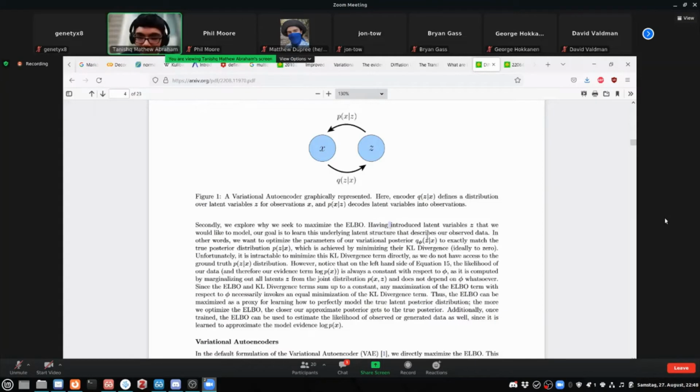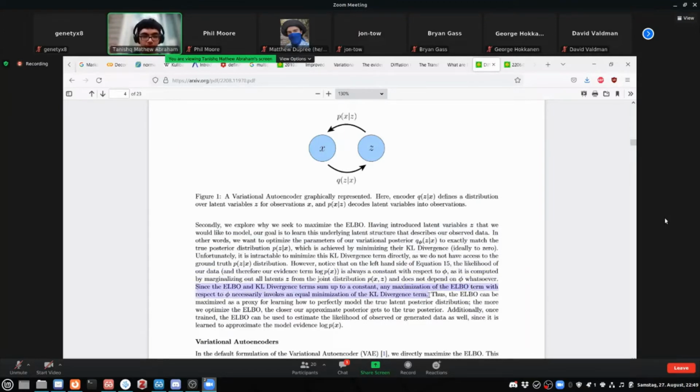But anyway, if we want to optimize so that we're matching the true distribution, which is done by minimizing the KL divergence, that's equivalent to maximizing the ELBO term because the sum must stay the same. So if we're maximizing the ELBO term, then we're minimizing the KL divergence. That's what they're saying here.